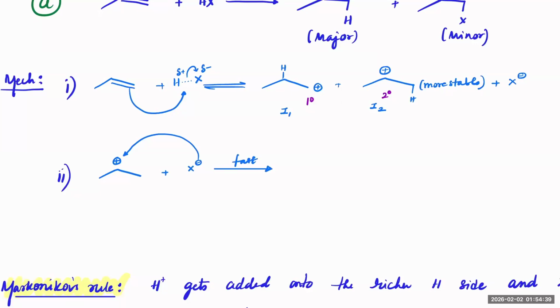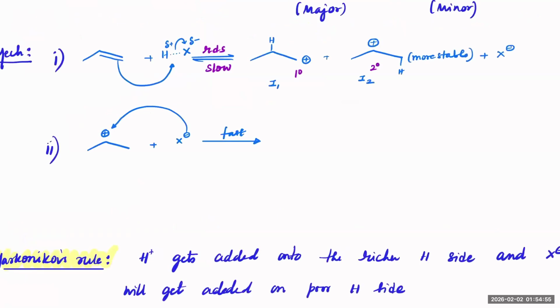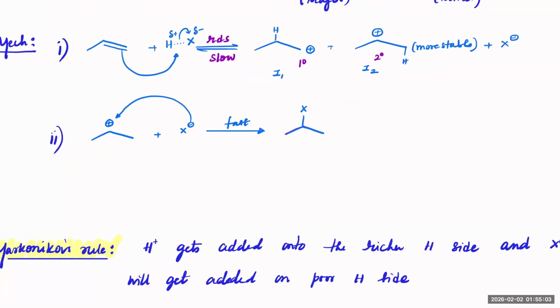In fact, the first step is always the rate determining step, and this is the slow reaction because you are generating an unstable intermediate. A carbocation is an intermediate. Whenever you generate an intermediate, it is unstable. That is the rate determining step. Thereafter, you can see X is getting added on this position. So this will be the major product.